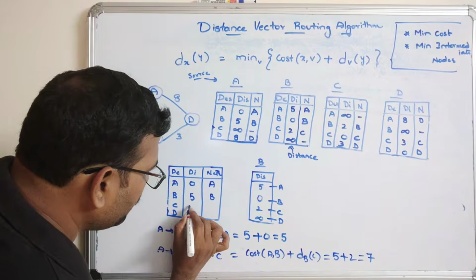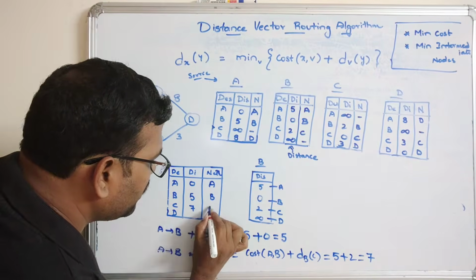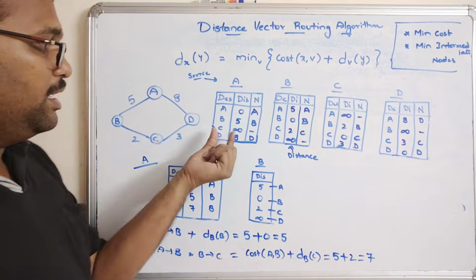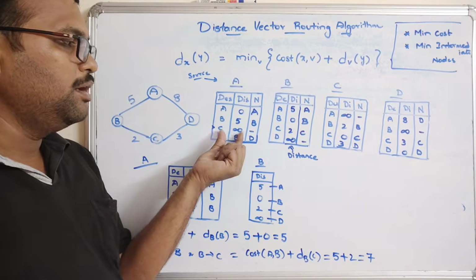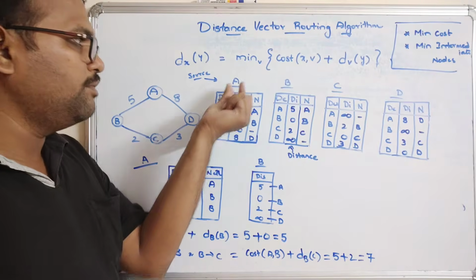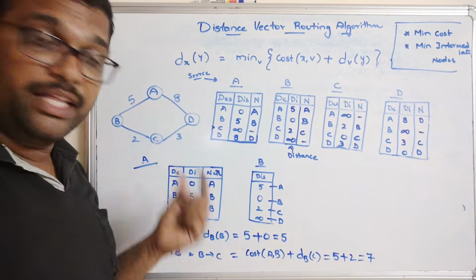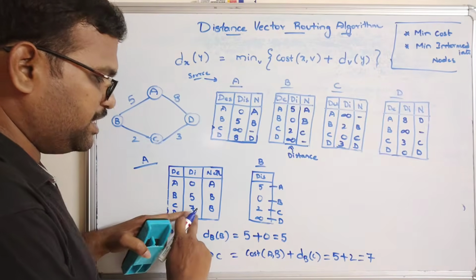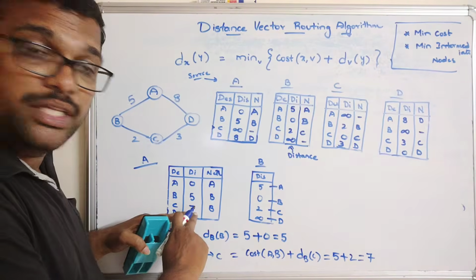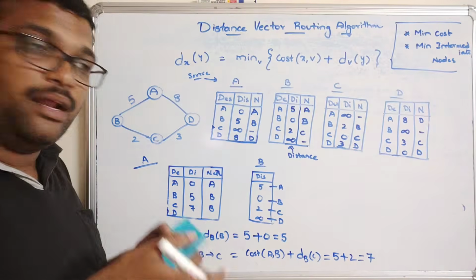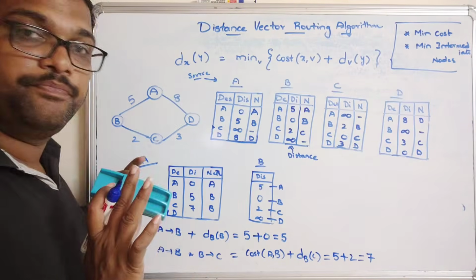So directly we can get 7 with the intermediate node B. Now we can see in the first iteration there is no proper path from A to C, but in the second iteration we got a distance of 7. With the intermediate node B, a packet can be transferred from A to C, right?